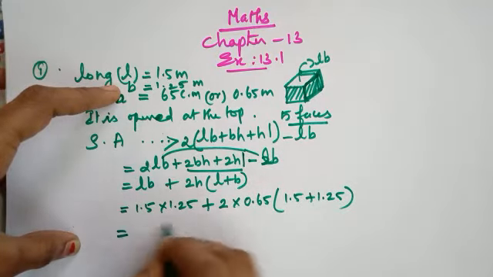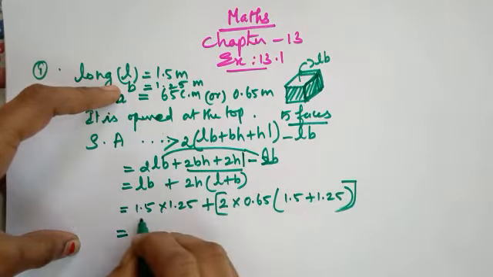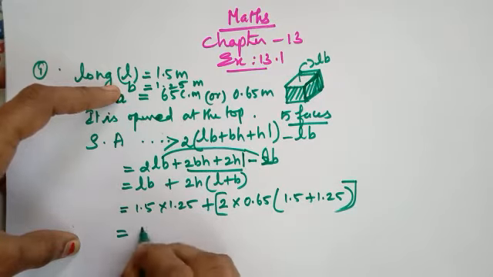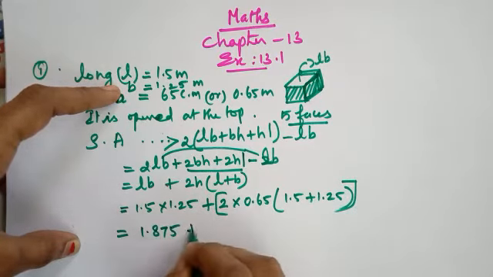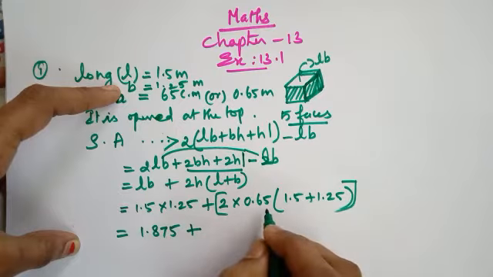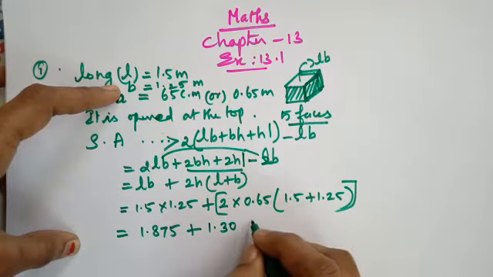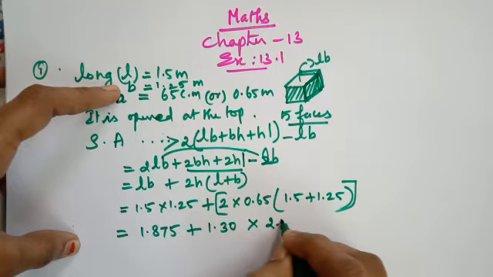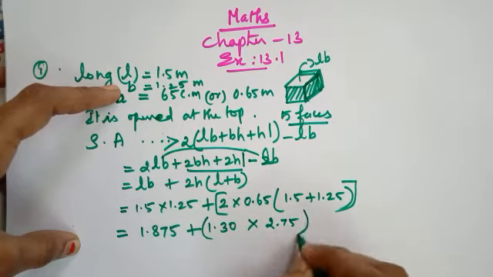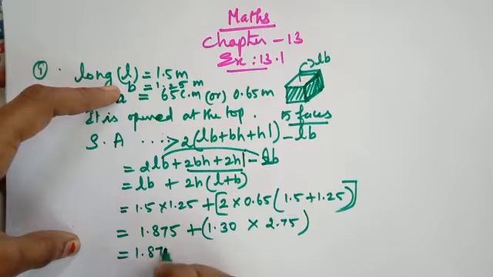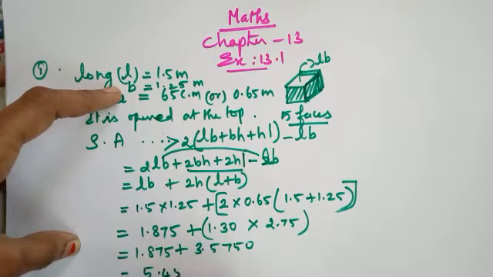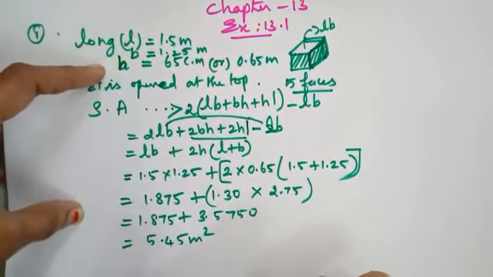That is equal to 1.5 into 1.25, 1.875, plus 2 into 0.65, 1.30, into 2.75. So that is equal to 1.875 plus 3.575. At last we have 5.45 meter square. Is it clear? 5.45 meter square.